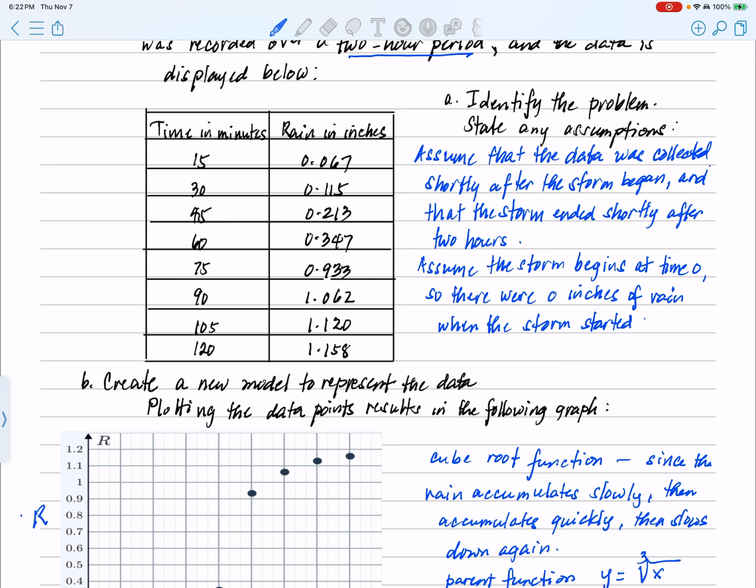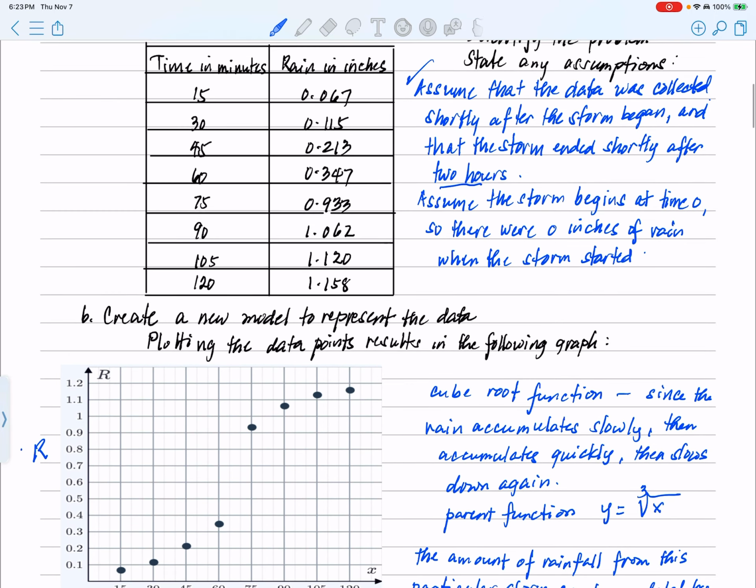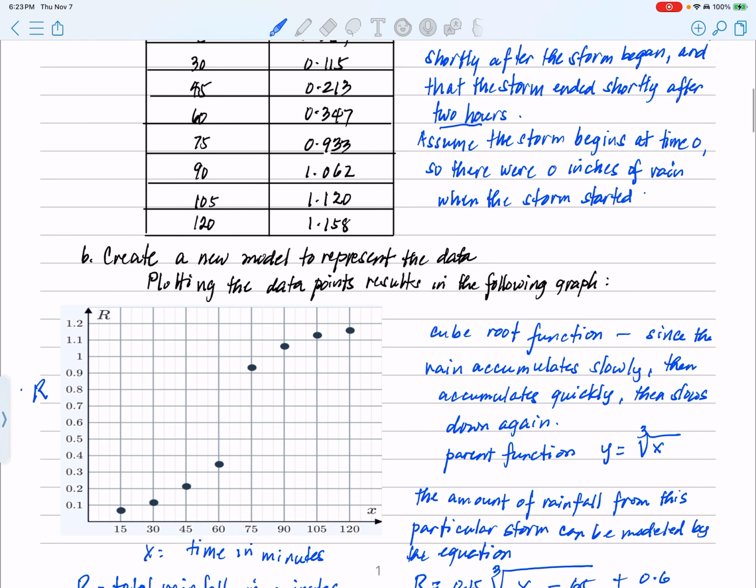One assumption we could make is that the storm began at 0, so the time begins at 0. There were 0 inches of rain when the storm started. This is our assumption, and we have identified the problem.